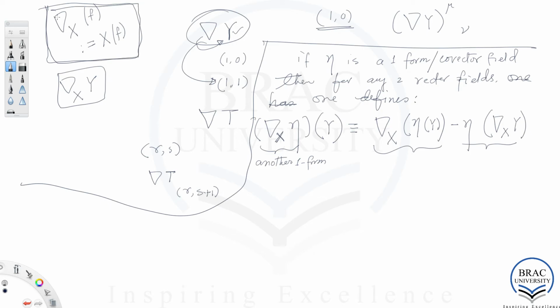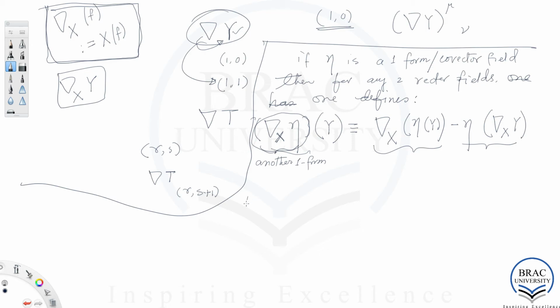On the left side we have a new one form, and when that one form acts on this vector field Y, it also gives us a scalar function. So on the left side we have a scalar function, on the right side we have a scalar function. So we are good.